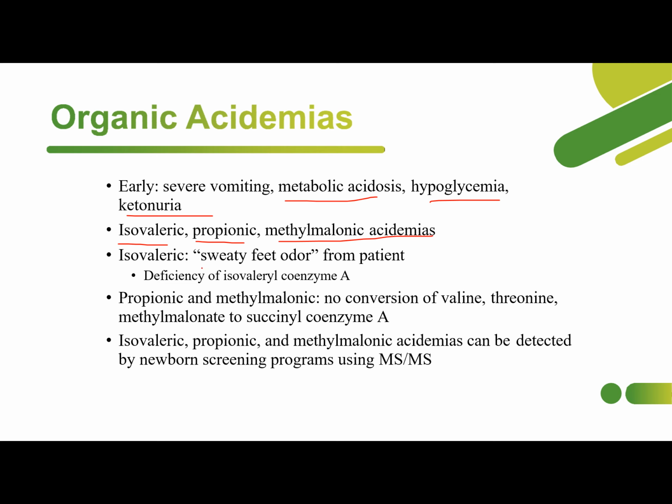Isovaleric acidemia would produce a sweaty feet odor from the patient and is caused by the deficiency of the enzyme isovaleryl coenzyme A. Propionic and methylmalonic have no conversion of valine, threonine, and methylmalonate to succinyl coenzyme A. So the amino acids valine, threonine, and methylmalonate, class, cannot be converted to succinyl coenzyme A, which is needed in this type of acidemia. Isovaleric, propionic, and methylmalonic acidemias can be detected by newborn screening programs using tandem spectrophotometry.